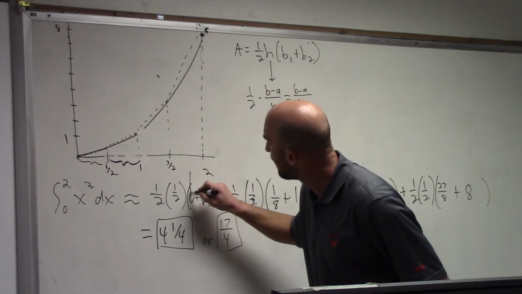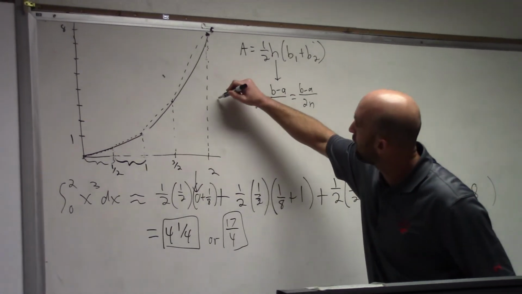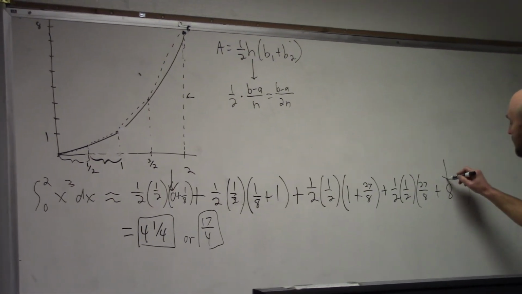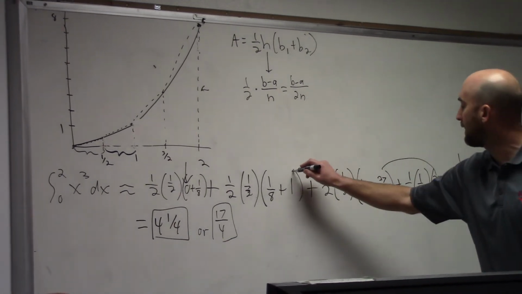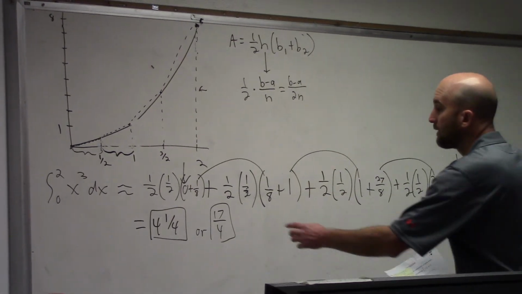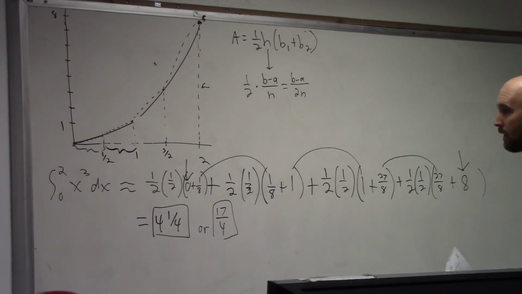So look what happened here. I used the first base only once, and I used this last base, the length of 8, only once. Every other base got used twice. The 1/8 got used twice, the 1s got used twice, and the 27/8 got used twice.